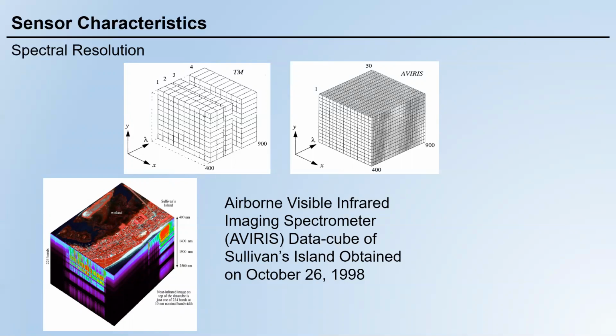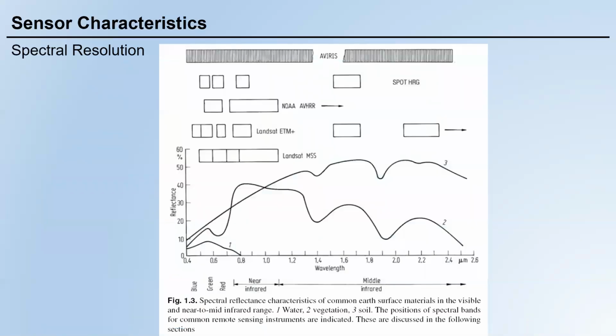That's why it's called hyper, because the spectral resolution is pretty high, and spectral resolution includes two things. First one, number of bands. Second one, the width of each band. Okay.